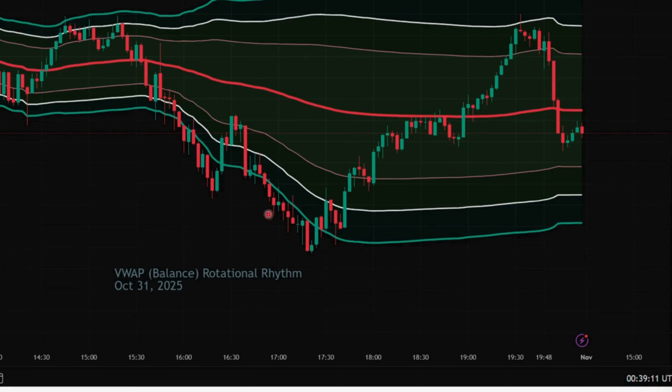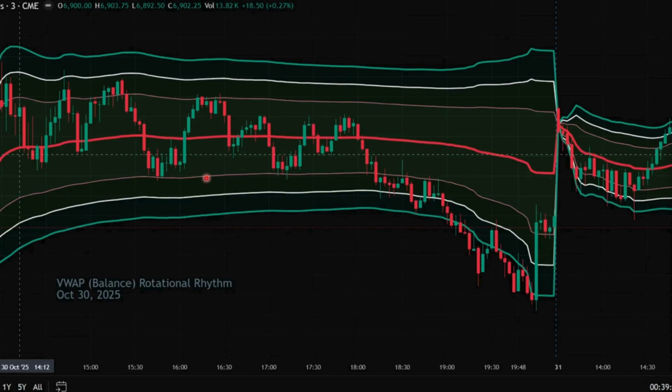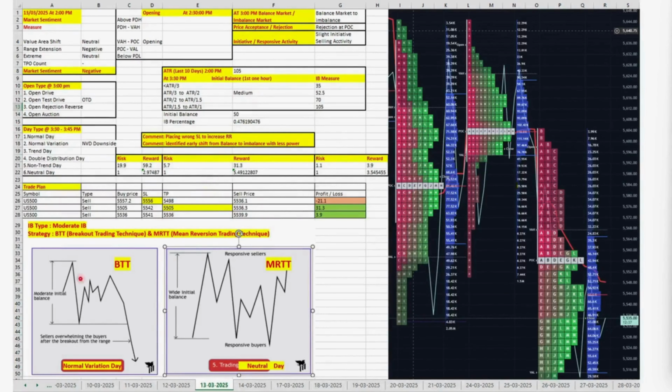It's important to note that while the VWAP with standard deviation bands provides valuable insight, it should not be used in isolation. We must combine it with our comprehensive market profile approach, which we have developed from pre-market session to post-market analysis.